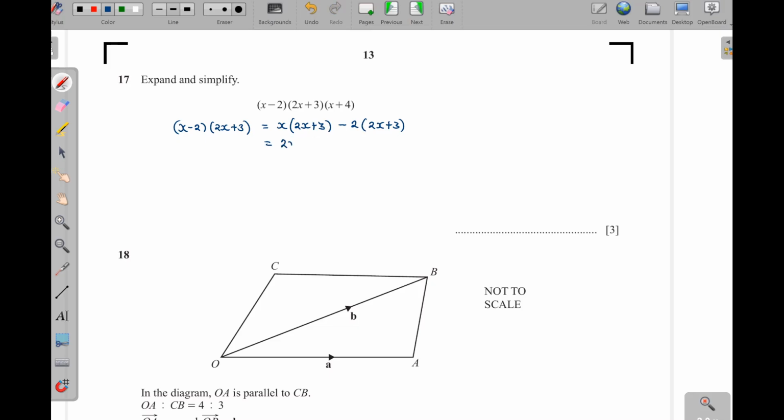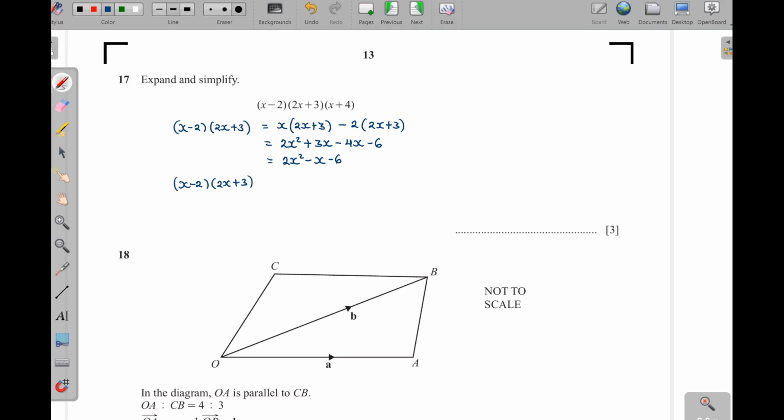So this will be 2x squared, then plus 3x, then minus 4x, and then minus 6. Simplified, it will be 2x squared minus x minus 6.